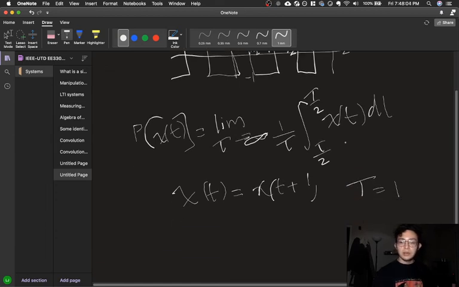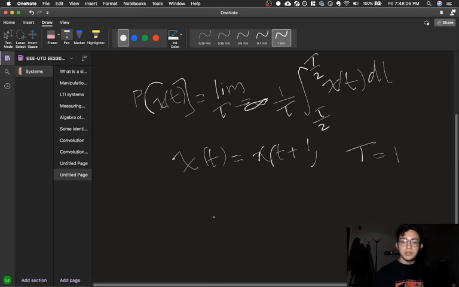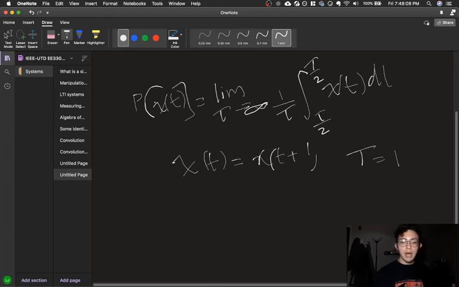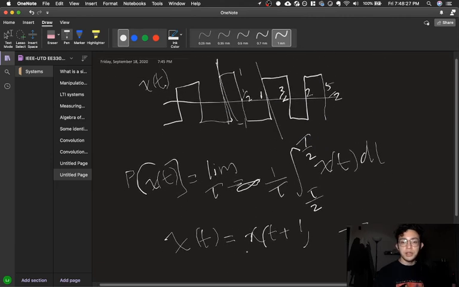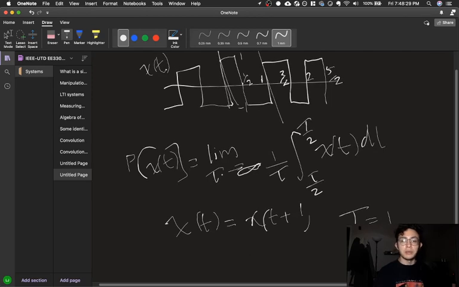So this becomes equivalent to just taking the average value over a single period. If we want the power over this whole signal, we take the average energy over one period: we choose one period, compute the integral, and divide by the period.